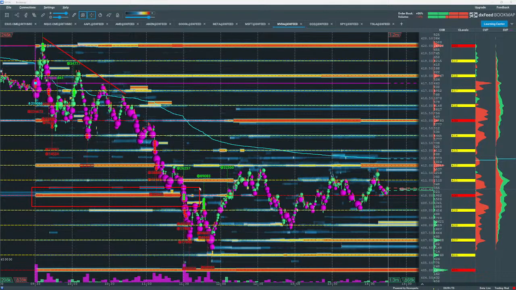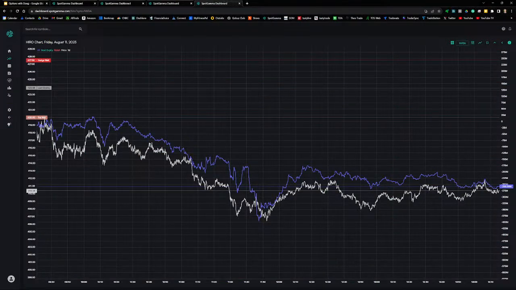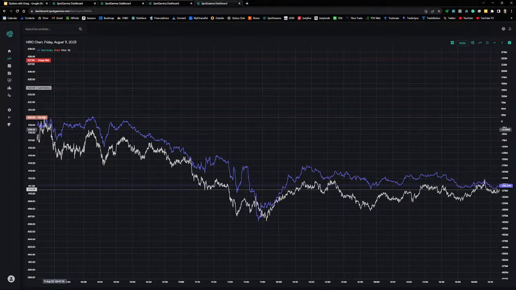Next target at 405. And right before noon, it looks like price started to recover, trying to move higher. Let's go back and take a look at Hero. All right, so really no gamma levels in play below. NVIDIA is below its put wall at 420.